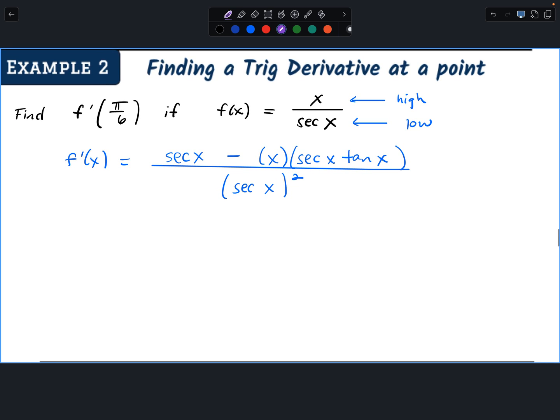All right. So do you guys agree this is x secant of x? Do you see how there's a secant x here and a secant x here? I could factor that out, because I have secants on the bottom. That's going to make my life easier because stuff will cancel. So I'm going to factor out a secant of x. So secant of x times 1 minus x tangent of x all over secant squared x.